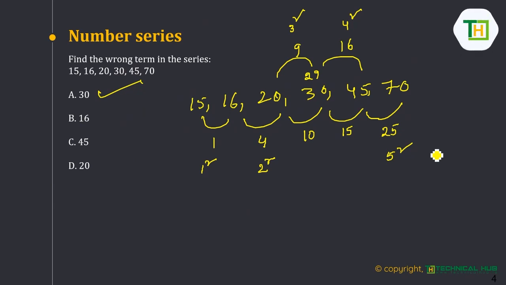Okay, that is the wrong logic. So this is the exact one: suppose 30 replaces 29, and check the differences. All are square numbers.